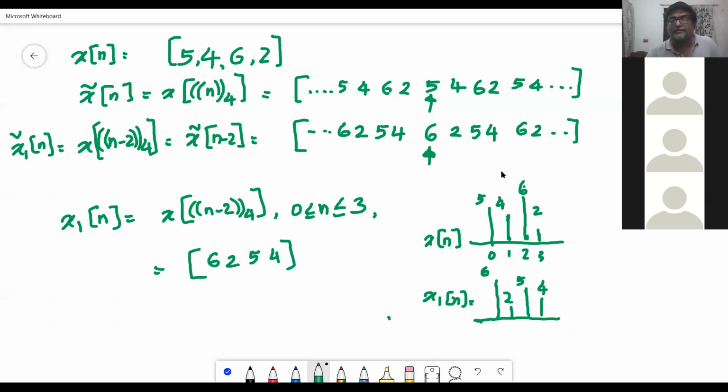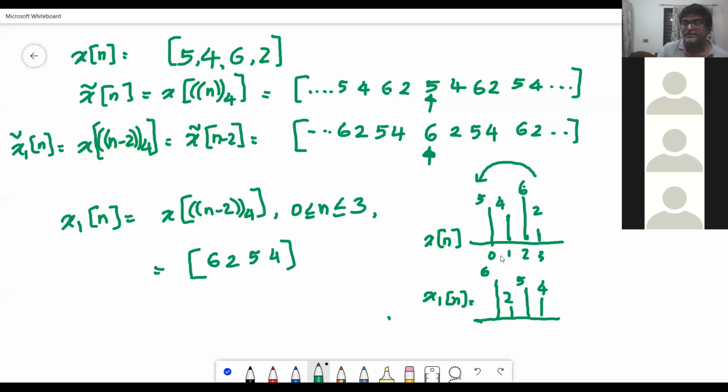Now, let us see how the circular shift is affected. The circular shift is affected like this. See? In this manner. So 2 initially comes to the front. If you are shifting by 1, then the sequence would be 2, 5, 4, 6. If you are circular shifting by 2, the sequence would be 6, 2, 5, 4.